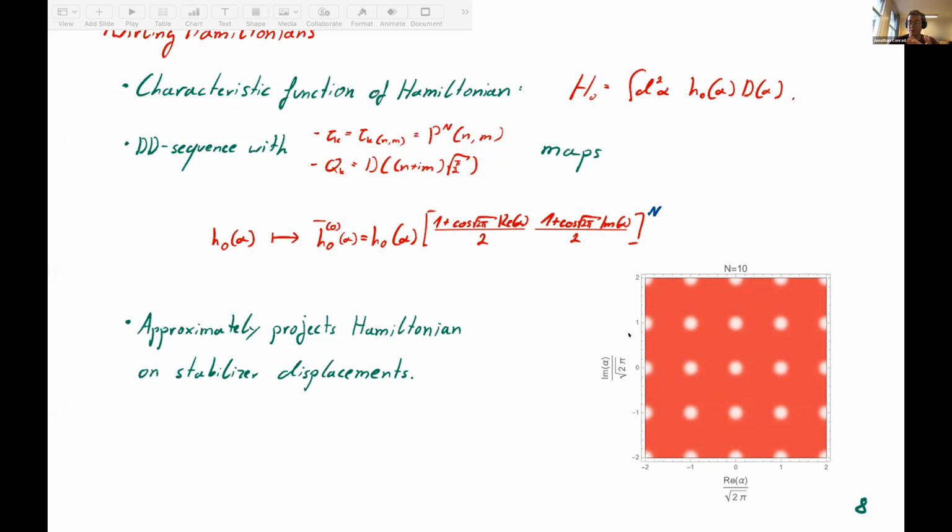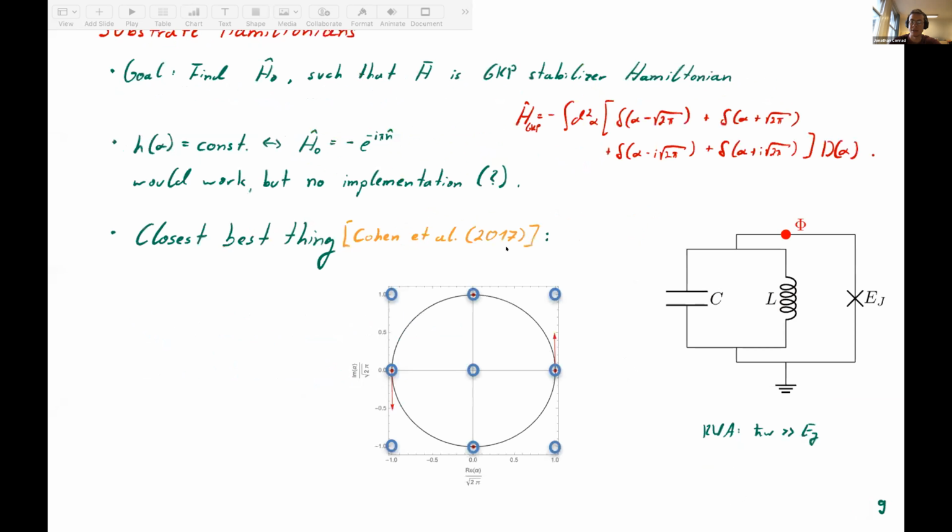In order to construct a GKP stabilizer Hamiltonian, which has this structure, what we would need is simply a base Hamiltonian that has support on these GKP contributions. Down here in the blue circles, I represent all of these regions that are not filtered out by this dynamical decoupling sequence.